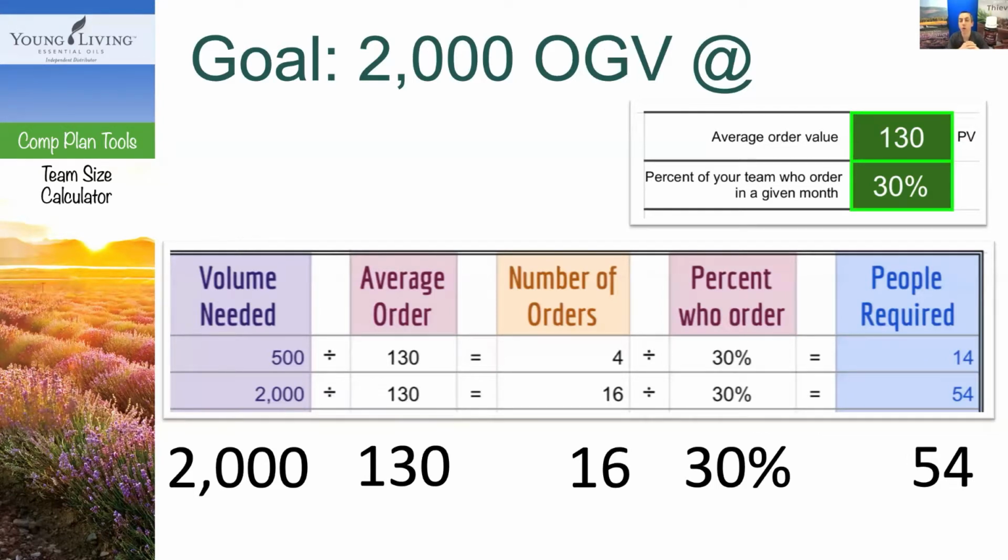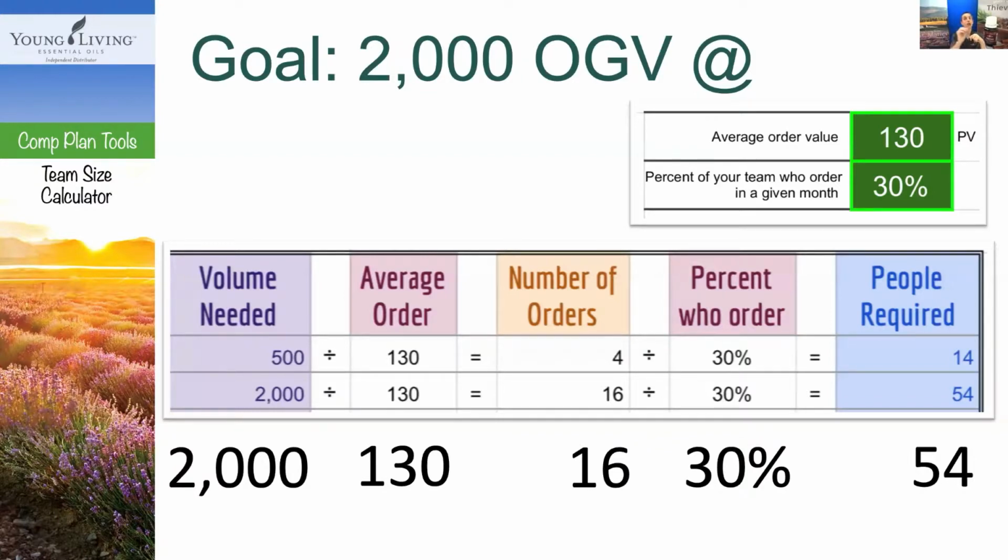So let's start from the right-hand side. It's saying that I would need 54 people where 30% of them ordered, so that's the next value across. When 30% of those 54 people order, that will give me 16 orders in the month with an average order size of 130 PV, which will allow me to reach my goal of 2000 OGV.